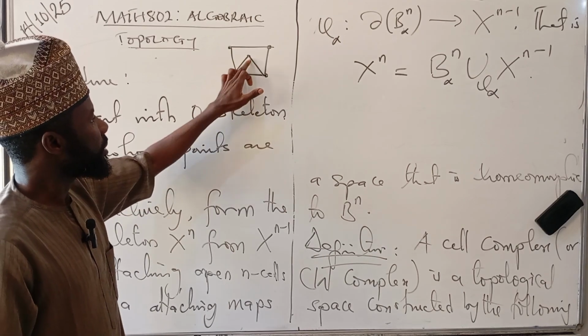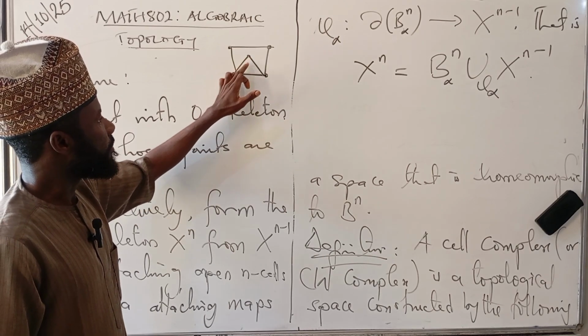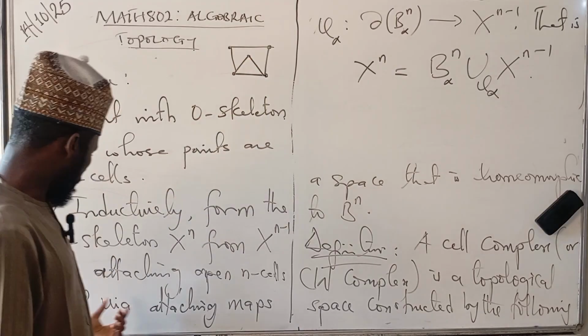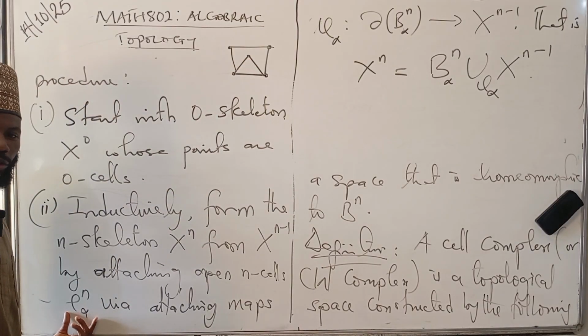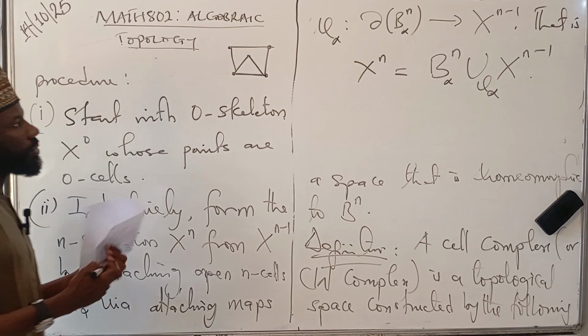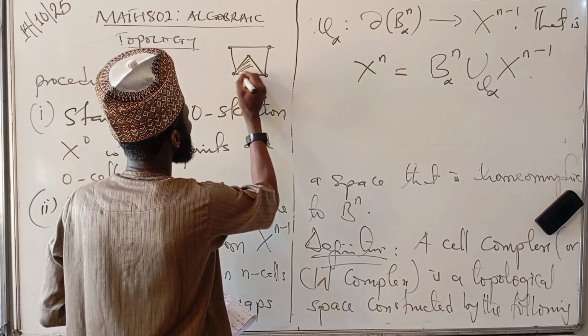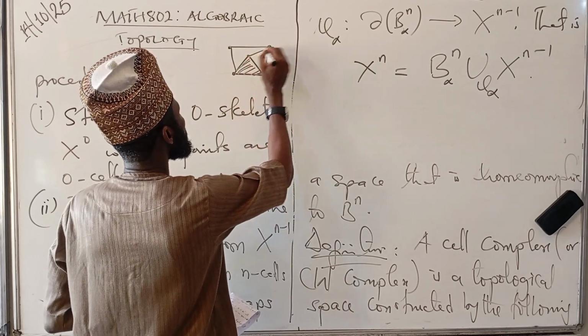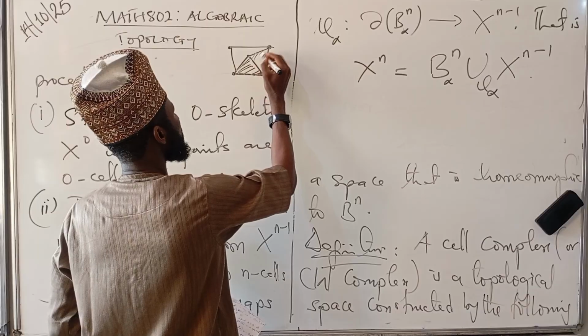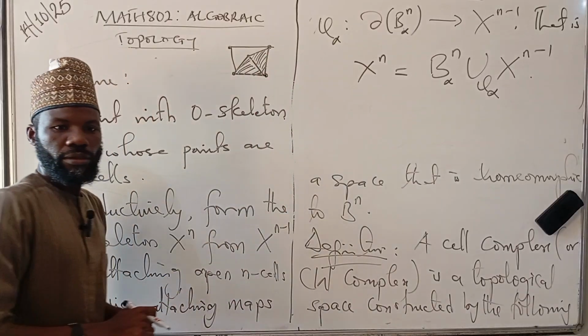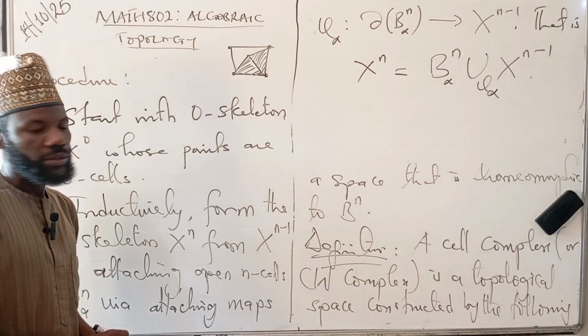At the boundary, you attach an open 2 ball, that is an open disk. So what you do is attach some open disks like this. Maybe you have an axis like this, then you can still attach another open disk. So you see you are developing the space.